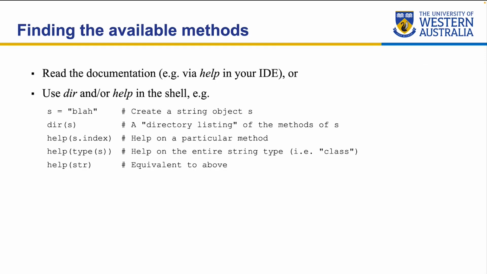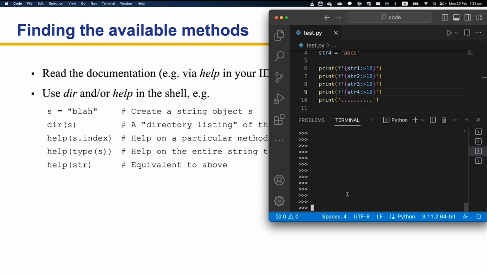So you can easily find the documentation. Most of them you should be able to access through the help menu or by using the built-in dir and help function in the shell. So let's create a string, just a random string called la. So now s is of type string, so we can go dir s.